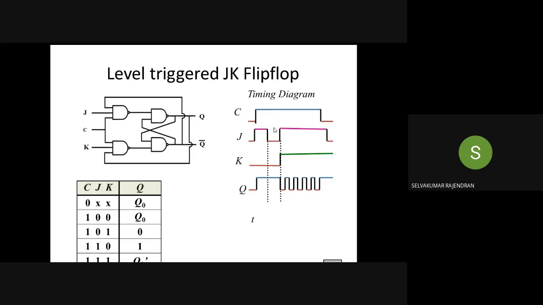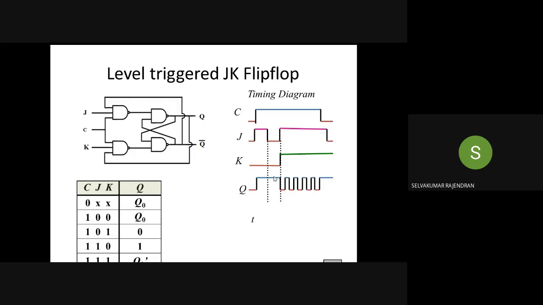Similarly, for the second input combination, the clock is still enabled, so it follows the input condition J equal to 0, K equal to 0. If both inputs J and K are 0, 0, it means the memory state, there is no change in output Q. It still maintains the previous state value, logic 1.